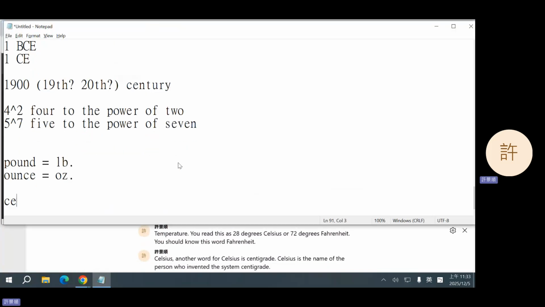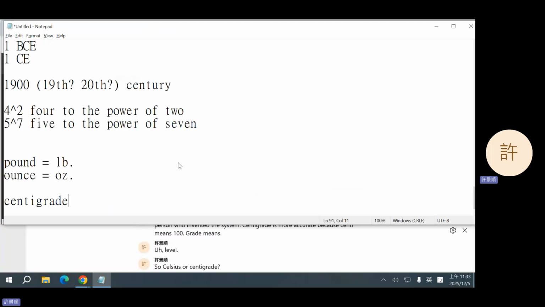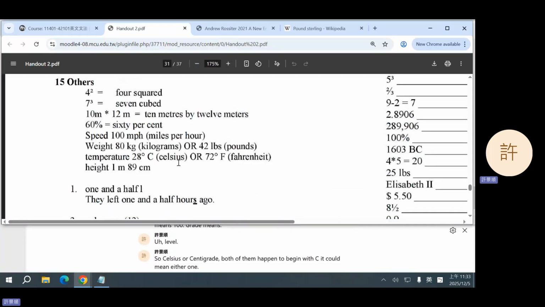Centigrade is more accurate because centi means 100, grade means level. So Celsius or centigrade, both of them happen to begin with C. It could mean either one. So 28 degrees Celsius. How do you convert between Celsius and Fahrenheit?